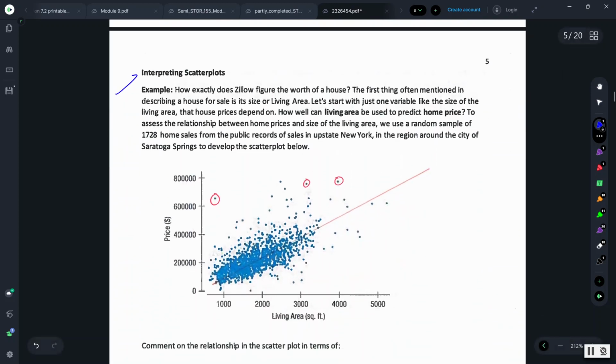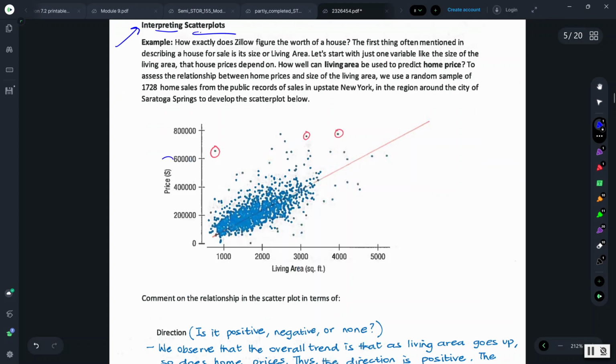On page 5 of your notes, our interest is in making more sense of scatter plots. In other words, when you look at a scatter plot, what key characteristics should you look for when you want to describe the overall trend you see in a scatter plot? Here we go.